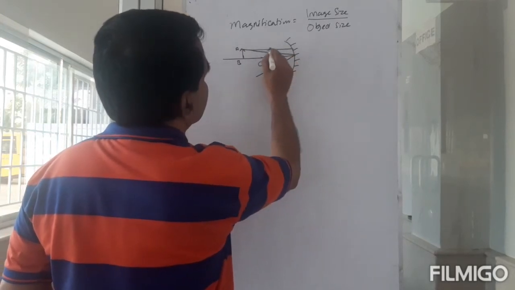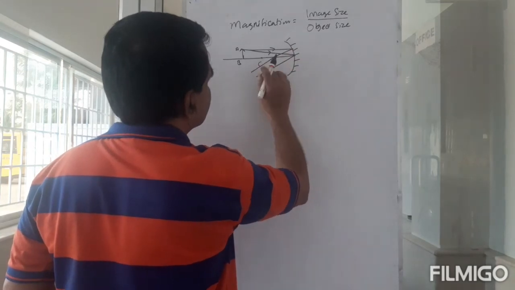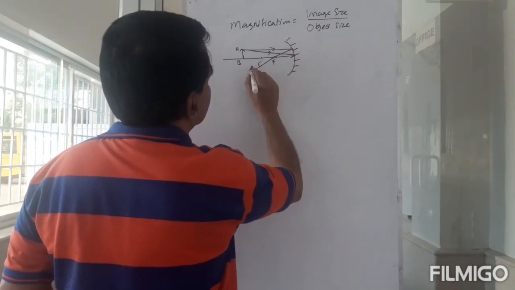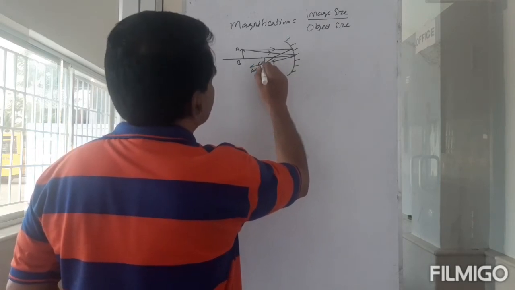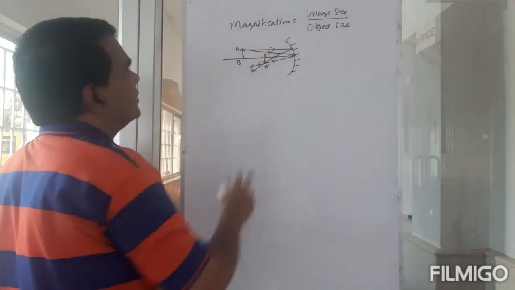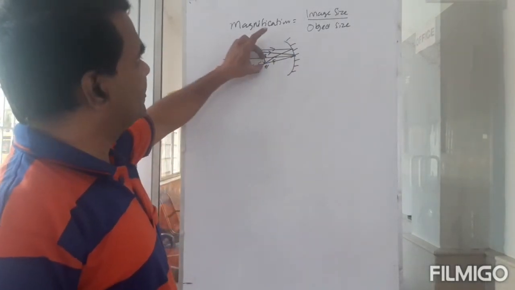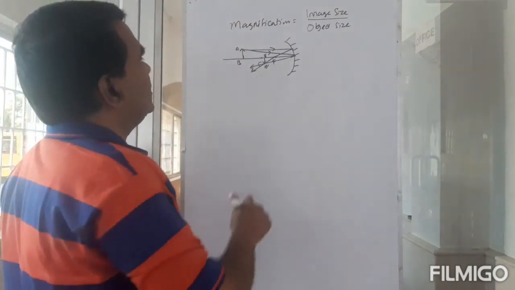Also, a parallel ray I can take, and then that can come like this. Let's say this is going to make an arrow like this. So this could be my B dash and this is my A dash. So this could be the image. So I take this length divided by this length. So that's the magnification.